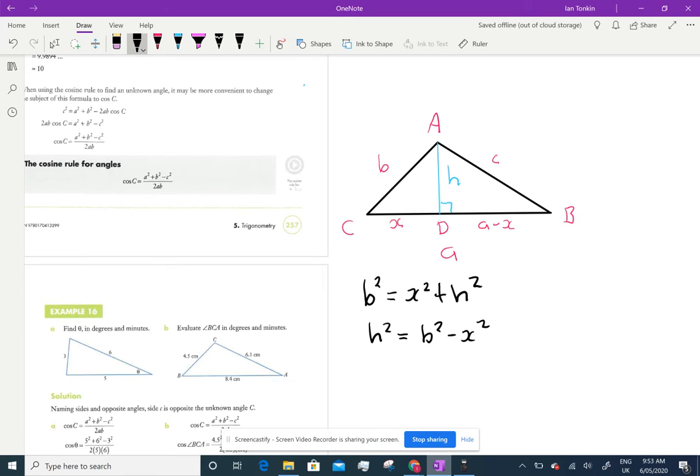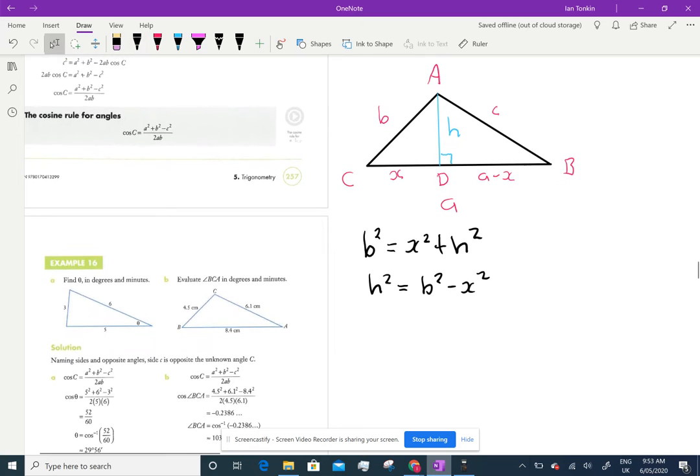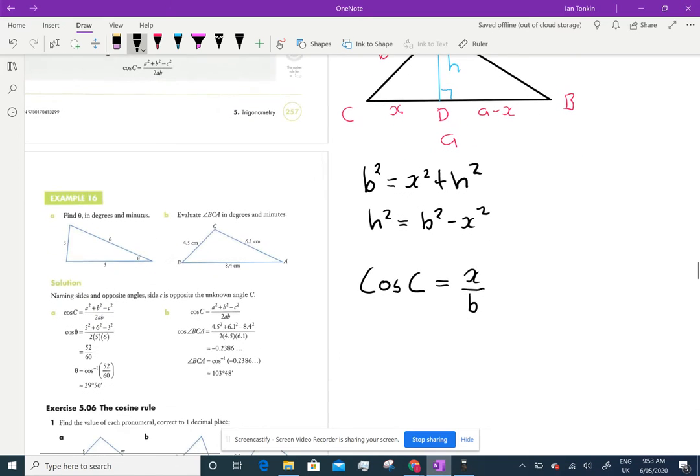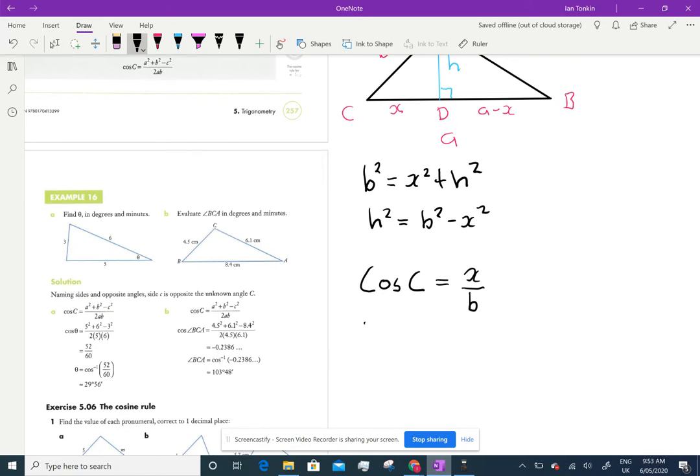Still looking at that triangle ADC, because it's a right angle one, cos C equals adjacent over hypotenuse, x over b. So I can multiply that b across and go x equals b cos C. That's what x is. So that's pretty cool.